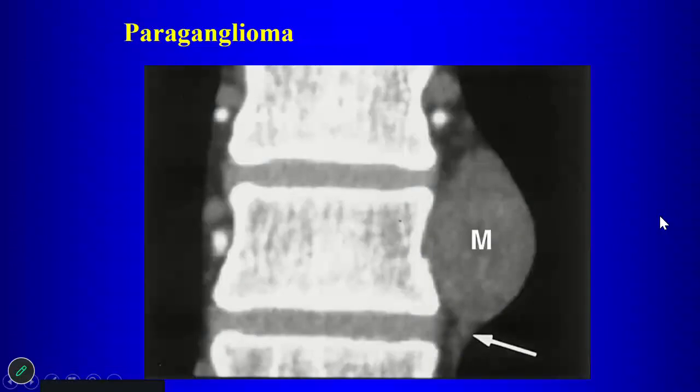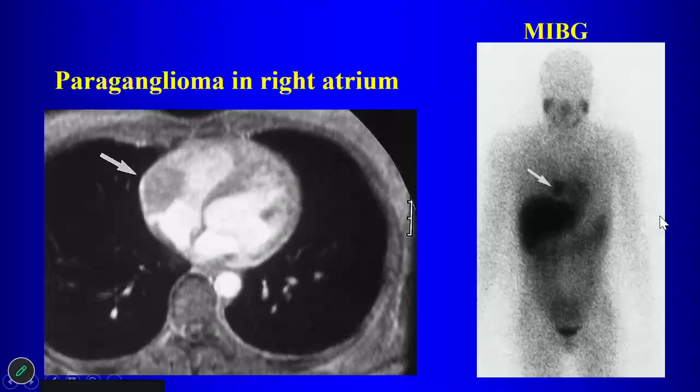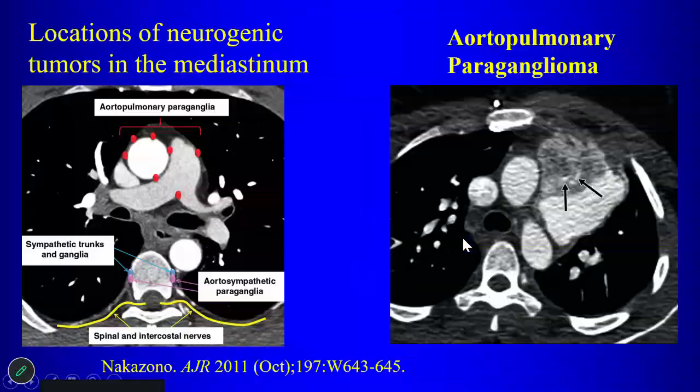Again, the long axis can be parallel to the spine with these lesions, and MIBG can show activity within these lesions also, so you can also recommend that study if you're considering the paraganglioma, okay? And these are areas where we can get neurogenic tumors in the mediastinum, also around the aorta, around the pulmonary artery there, around the heart, and the paravertebral regions.